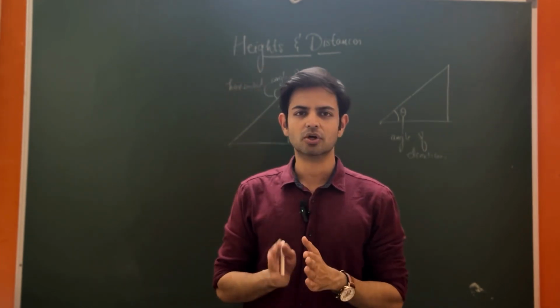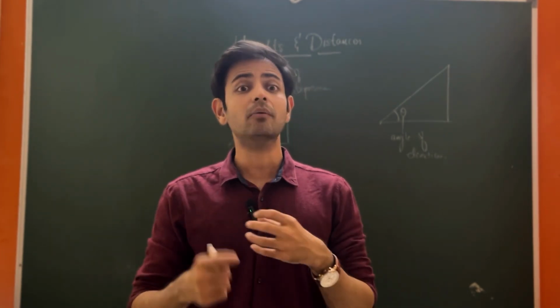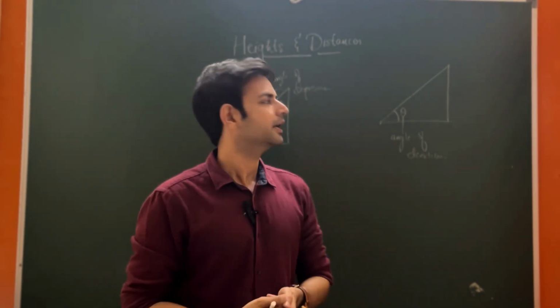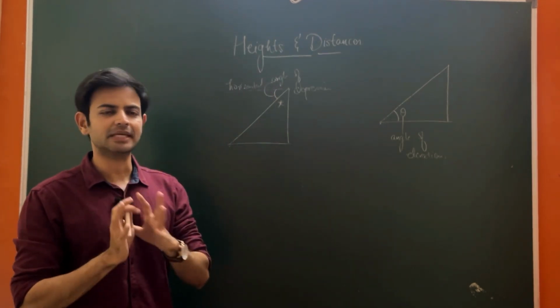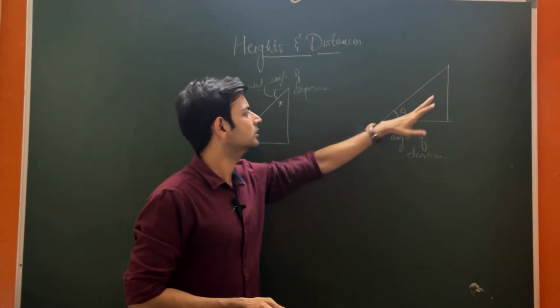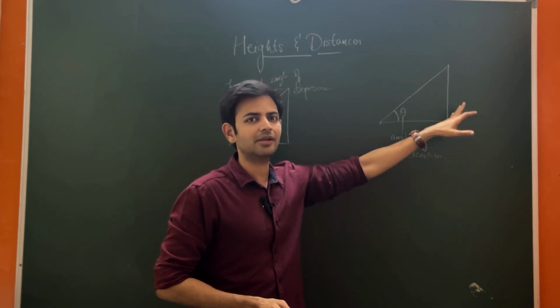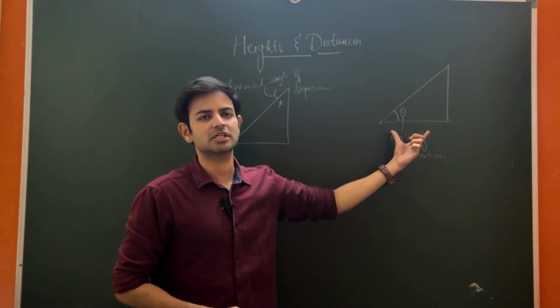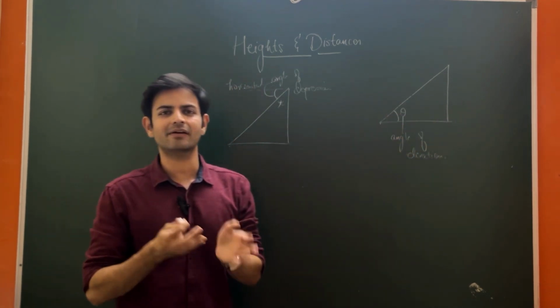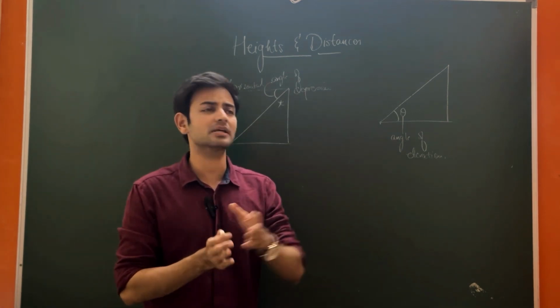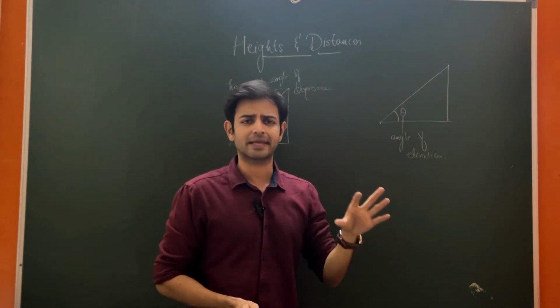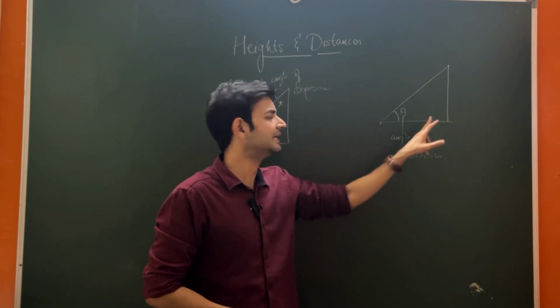Now, these are the major concepts of application of trigonometry. Now, how to apply them in the questions. In a question, you'll be given theta, you'll be given the height of the tower, and you'll be asked to find the length of the shadow. In that case, we have to go for tan theta because hypotenuse has no role to play here. We will be dealing with perpendicular and the base.